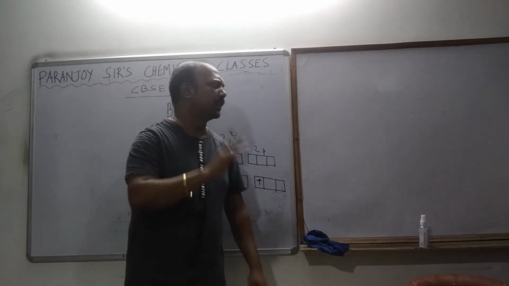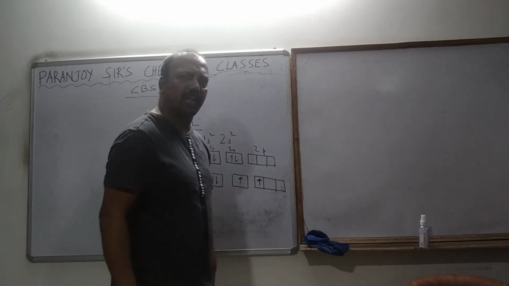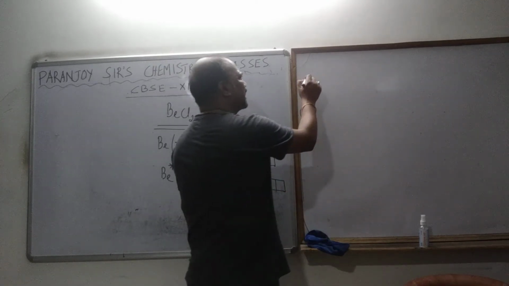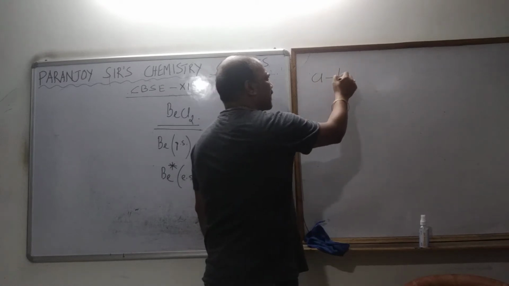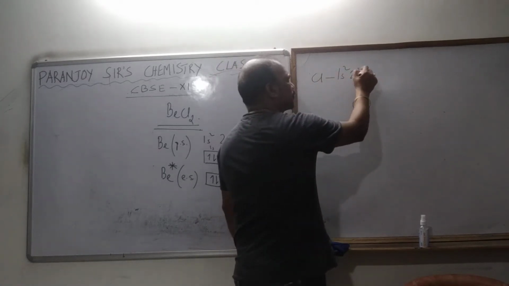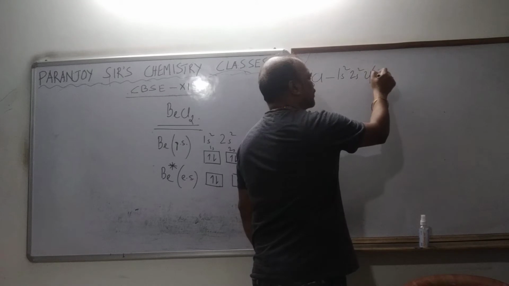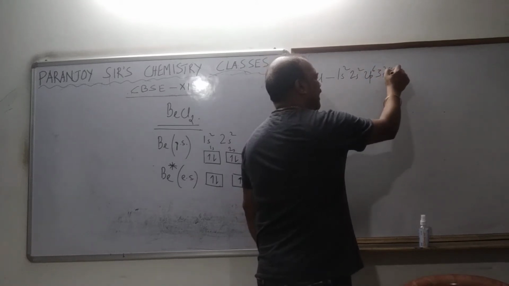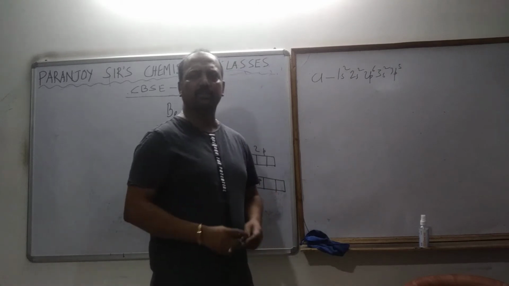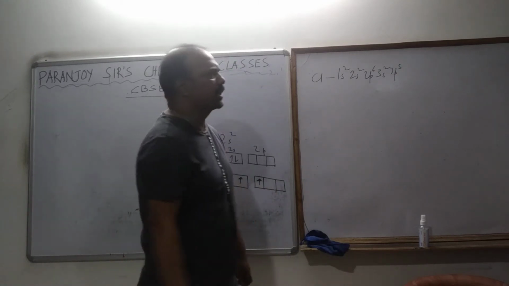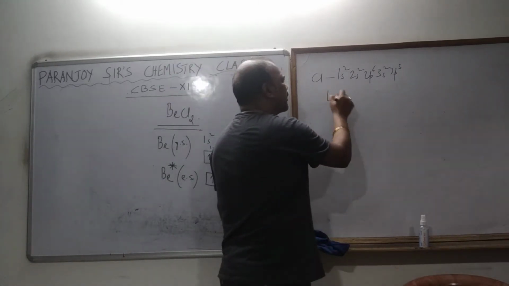Okay, now on this side I am drawing Cl. Cl has 17 electrons, with electronic configuration 1s2, 2s2, 2p6, 3s2, 3p5. Let us draw it in the orbital formation.